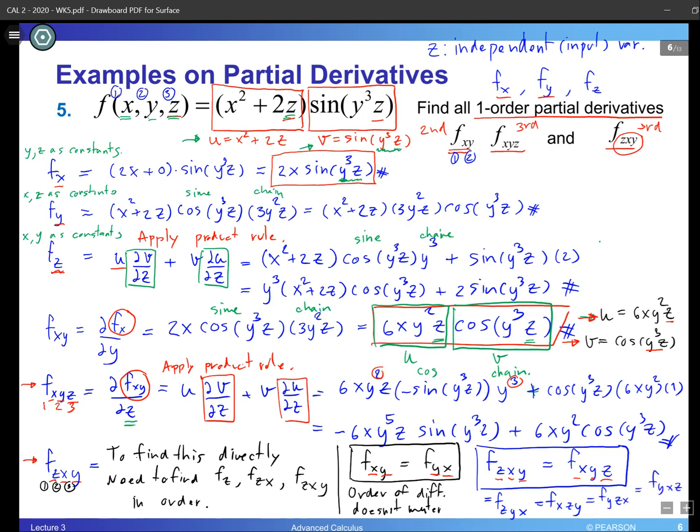All of them have to be equal because each one of these has the same amount of differentiation on each variable. As you can see here, we only perform differentiation once on each variable, so they have to be equal.